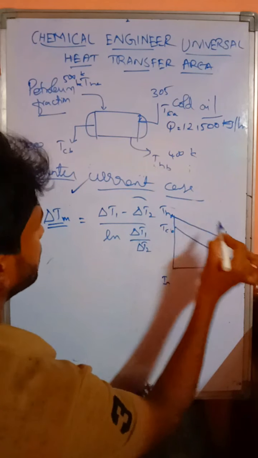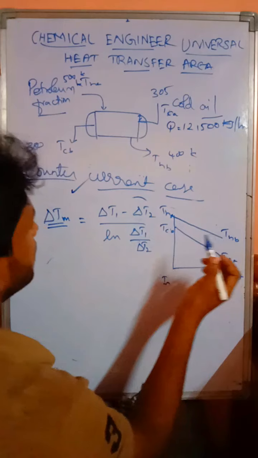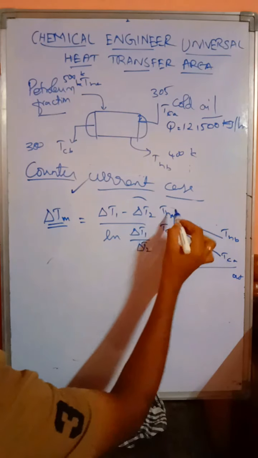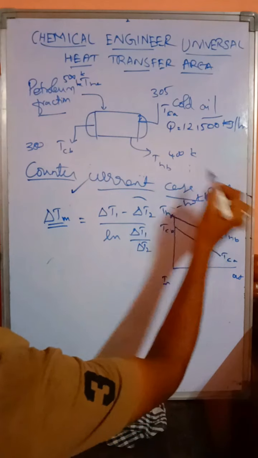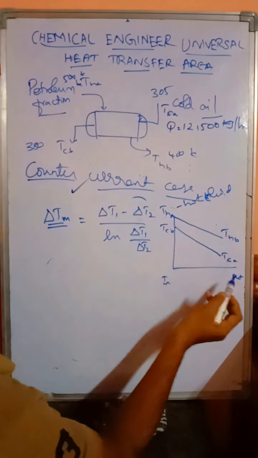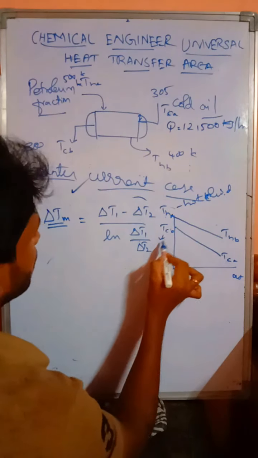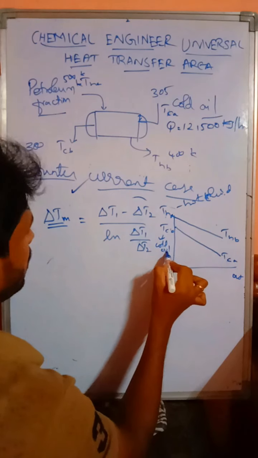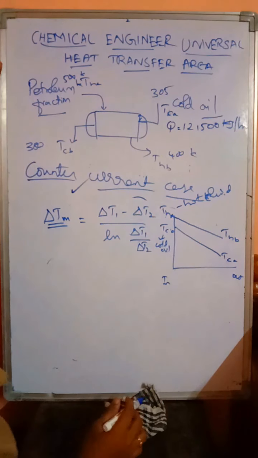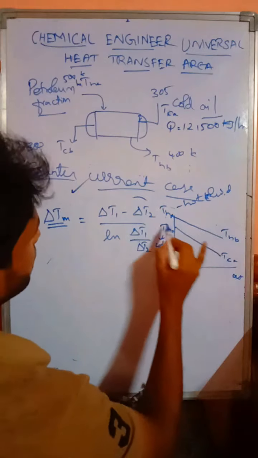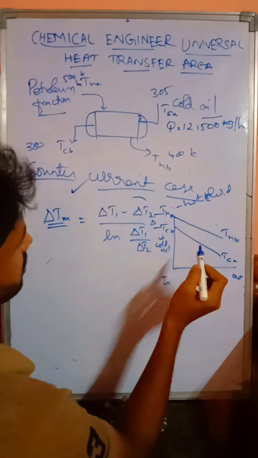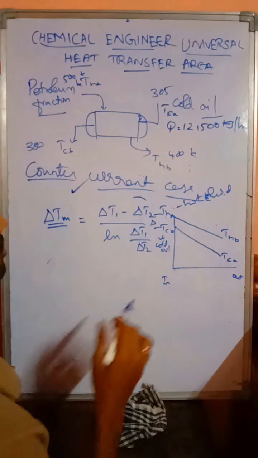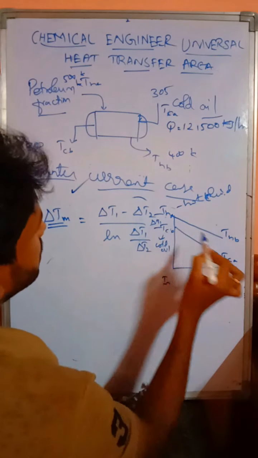H mentions the hot fluid, here the petroleum fraction, and C mentions cold oil. A and B are inlet and outlet, right? In this case, this difference is called delta T1, delta T2.